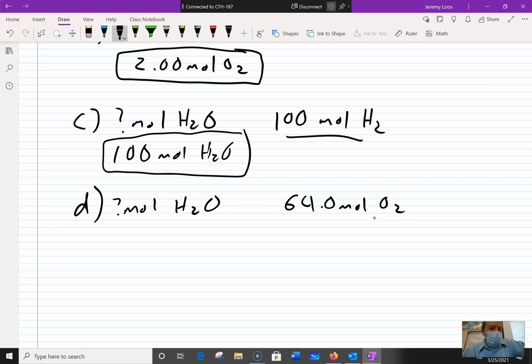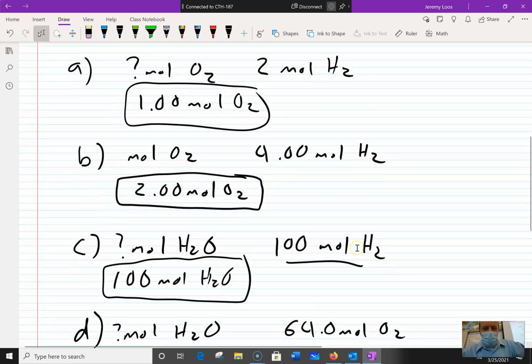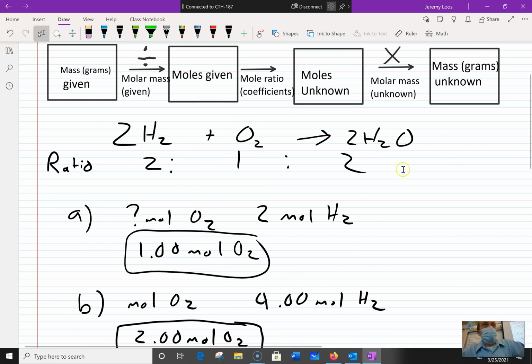So maybe some of us already realize that what you need to do is multiply this by 2. The answer is 128 because the ratio is 1 to 2. So if I have 64 moles of oxygen, I'm going to have twice that many.